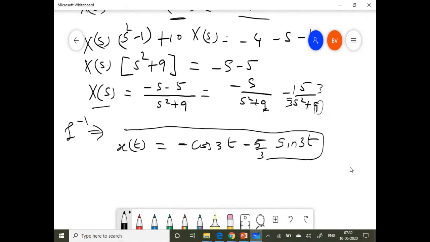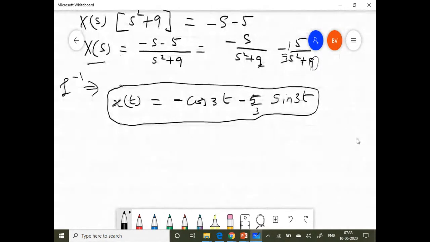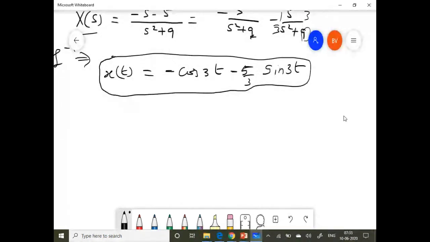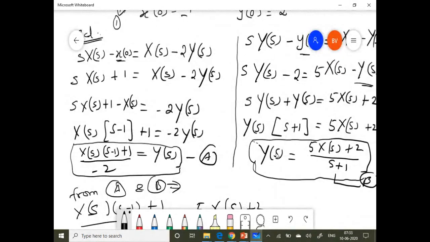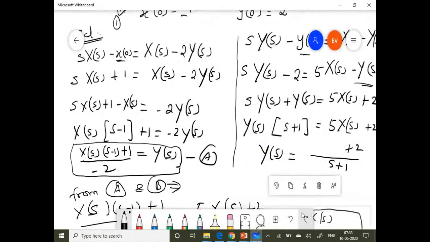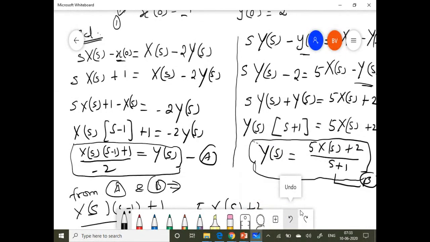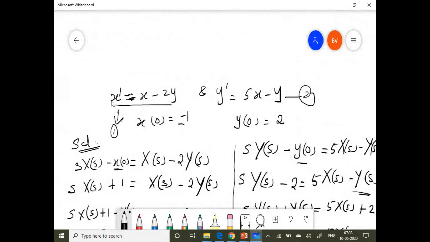It's not done. We have to find y of t as well. X of t is done. Okay, what is y of t? The relation between x and y. Shall we use equation number 1 or 2? Let's verify one more time. Look at the equations. We don't have y prime in the first equation; it involves x prime and x to find y.